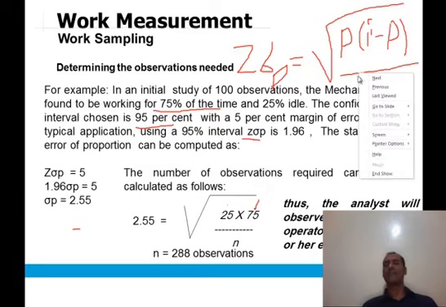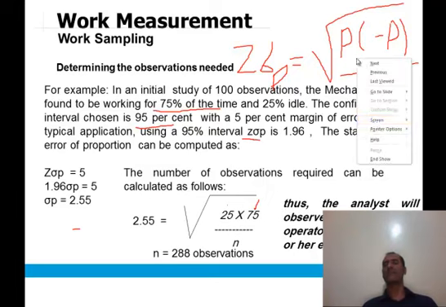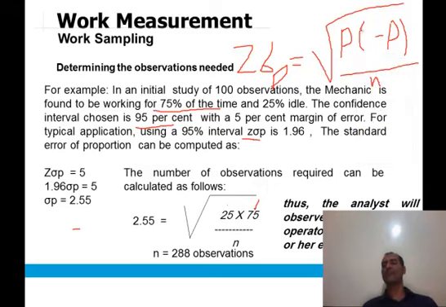Because it is a probability, here maybe sometimes we take 100. Or b multiplied by q; sometimes the idle time is represented by q.